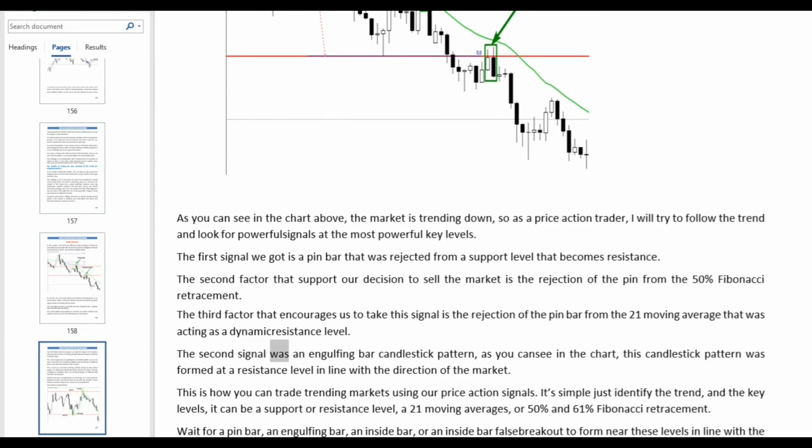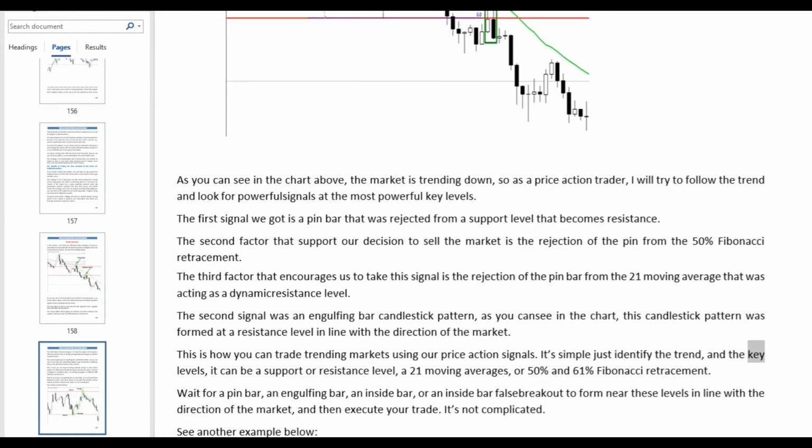The second signal was an engulfing bar candlestick pattern. As you can see in the chart, this candlestick pattern was formed at a resistance level in line with the direction of the market. This is how you can trade trending markets using our price action signals. It's simple, just identify the trend and the key levels.